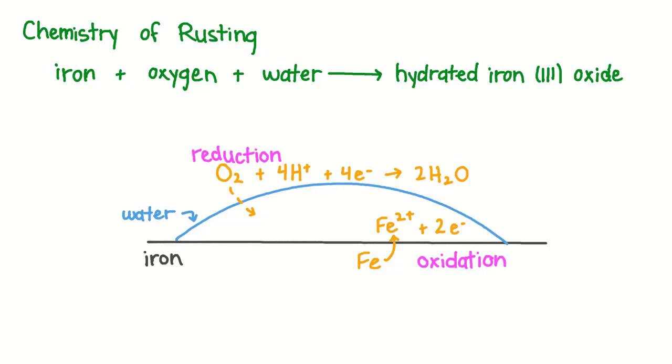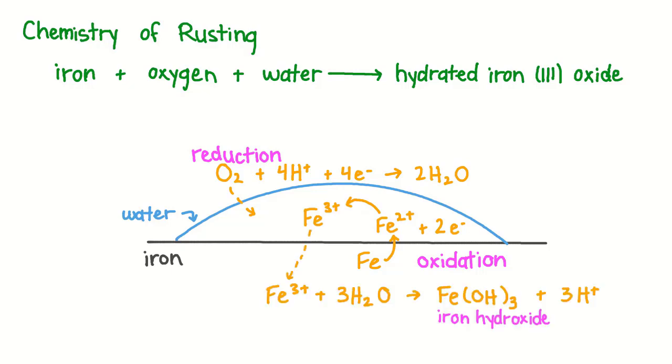The oxygen gas reacts with hydrogen ions that are also dissolved in the water, as well as the electrons that are given off by the iron. This will form water. Next, some of the iron 2+ ions will be converted into iron 3+ ions. These iron 3+ ions react with water to form iron hydroxide and hydrogen ions. The iron hydroxide will be slowly converted into hydrated iron(III) oxide.